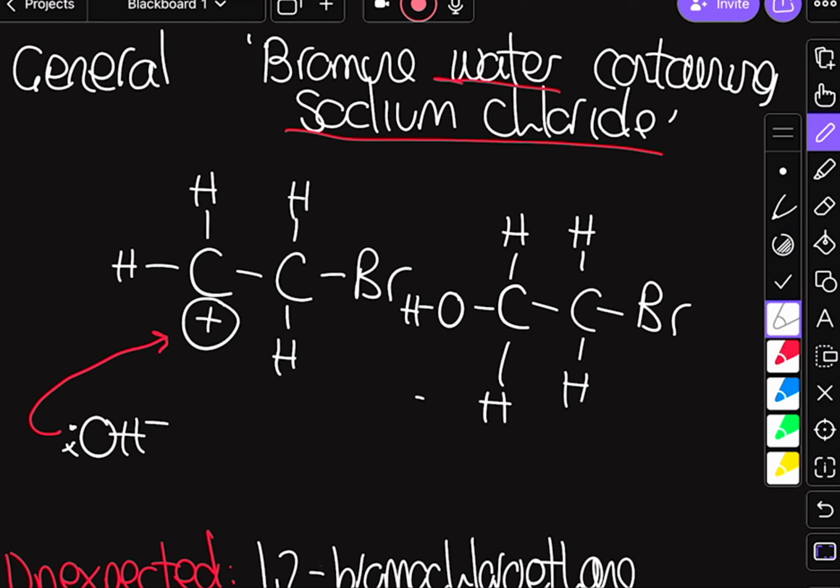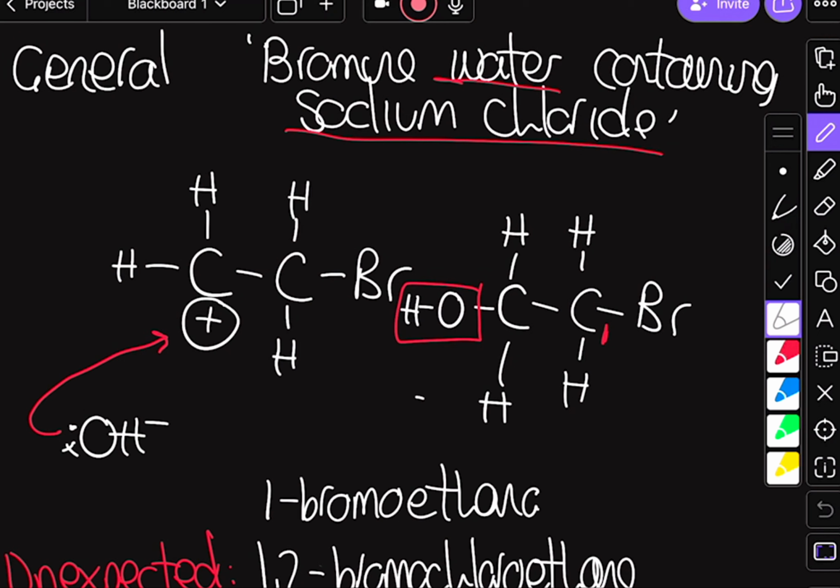So again, our second unexpected, this group here, when it is attached, is an alcohol group. We always do our naming from the lowest carbon, so this is going to be carbon 1. So in this case, I have made 1-bromoethanol. And the reason now it's ethanol is because this is 2 carbons. So eth, and it's an alcohol functional group.